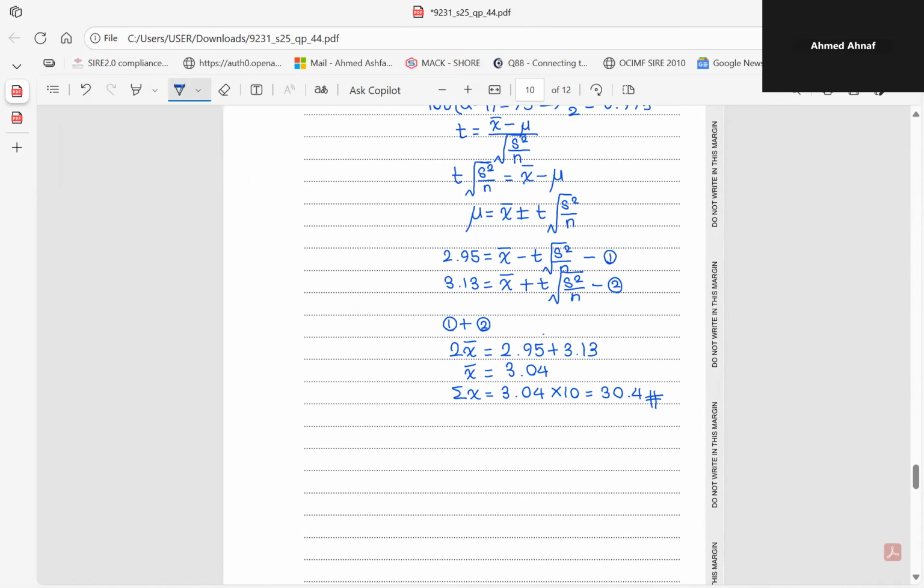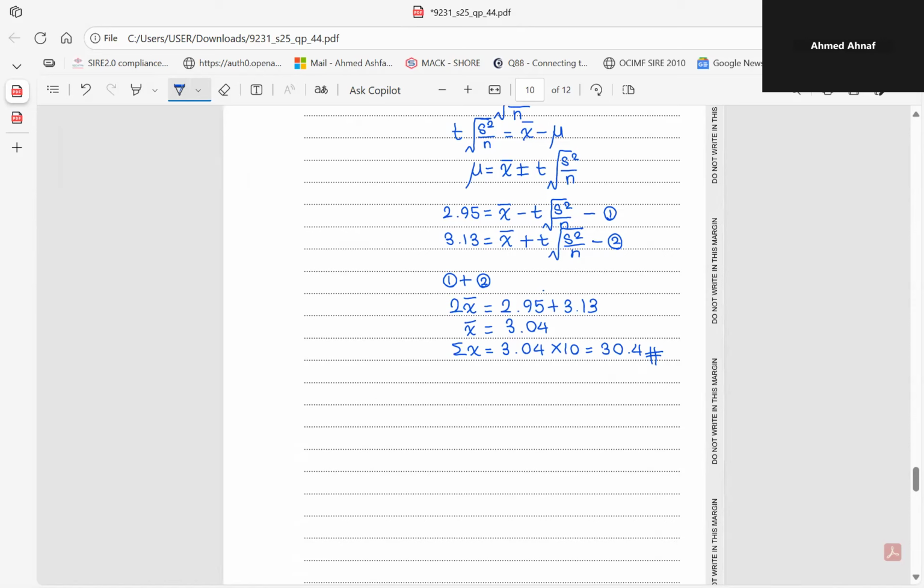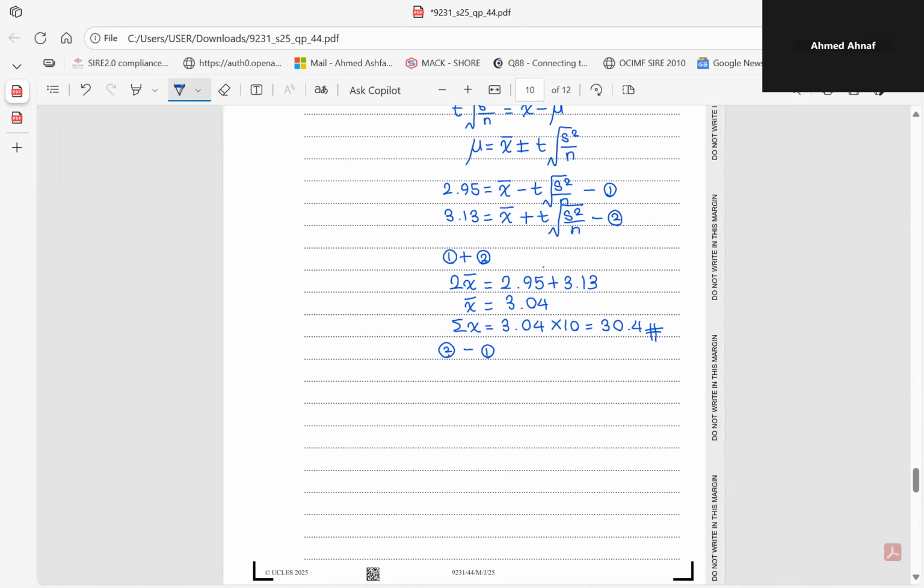Now let's find sigma x squared. To find it, we're going to subtract equations 1 and 2. Then you would get 2t times the square root of s squared over n, that equals 3.13 minus 2.95.